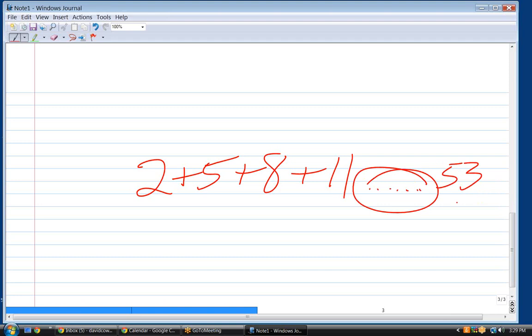And 53. All right. This is an arithmetic series, because the common difference is 3. So if I want to write this in sigma notation, and I say n plus 3, and I let it start n equal 2 to infinity, do I get that series?